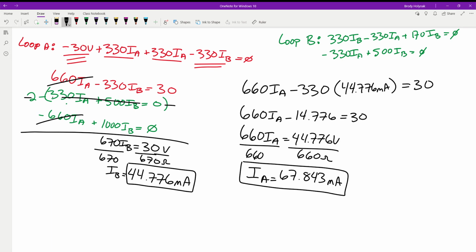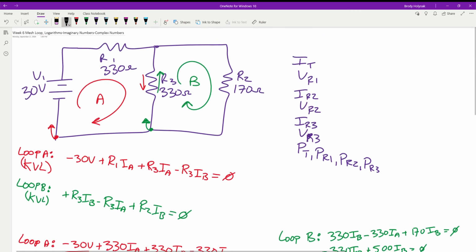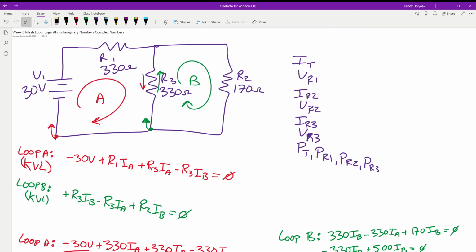And now I have those values. So now that I have some values, I need to go back and look. First off, are they both positive or are they both negative or are they a mixture in between? They're both positive. So both of them being positive means that these directions we picked are correct. So those are the directions that the current flows.